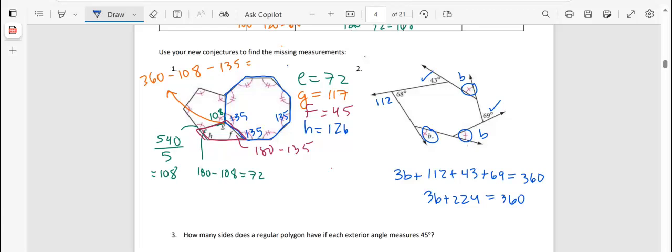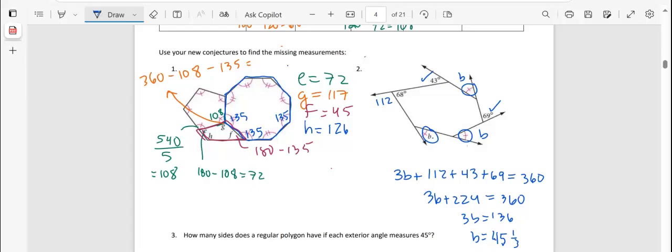Go ahead and solve that for b by doing inverse operations. 3b is 136, and then b itself is a decimal. It's 45.3 repeating, which is 45 1/3. If you want to go ahead and write that as 0.3 repeating or as 1/3, that's fine.